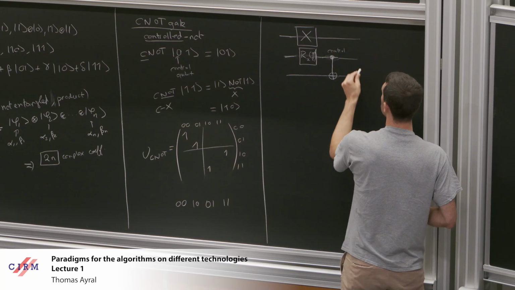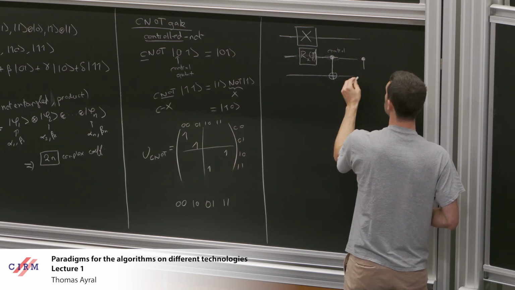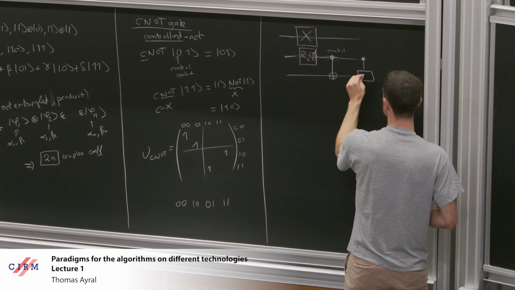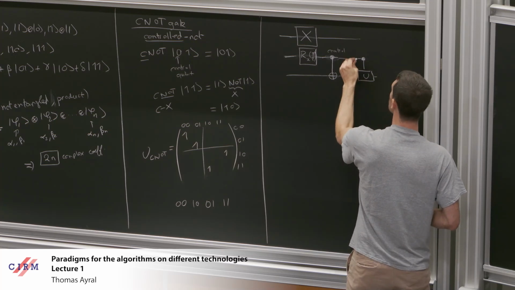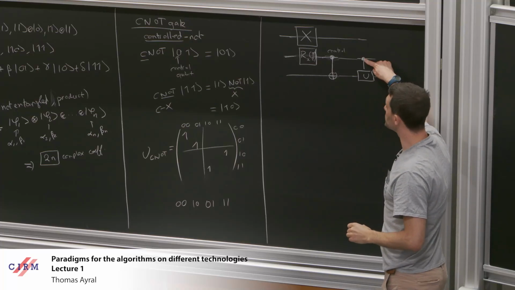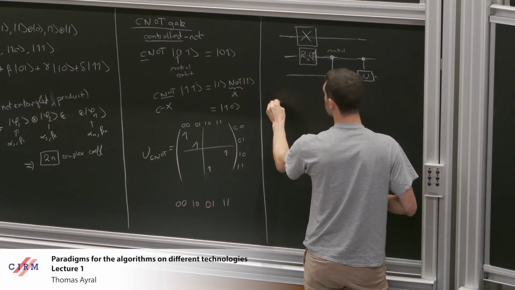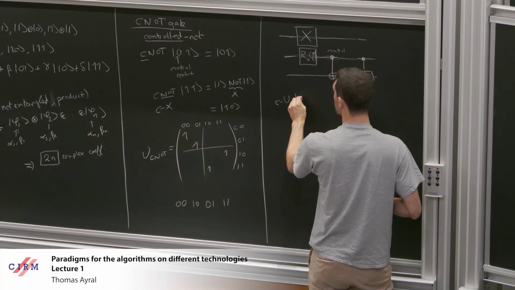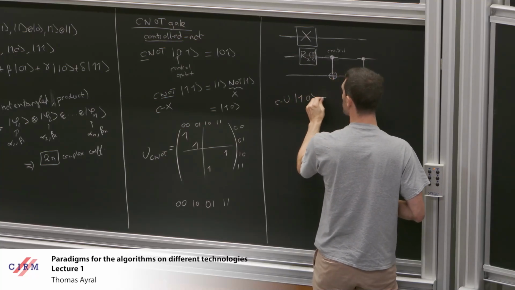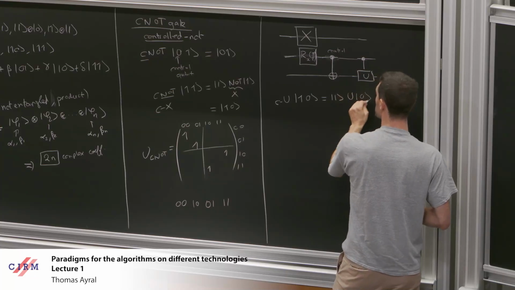And let me also introduce you to the fact that we can have controlled rotations, controlled gates of any kind. So I have control U here, which is a gate which is controlled and unitary. So in other words, the way that this CU gate works is that if I do CU, for instance, of 1 times 0, then I obtain 1 times U applied to 0.